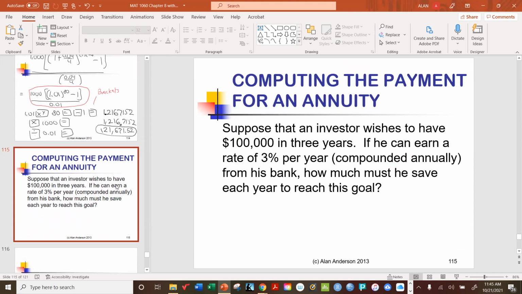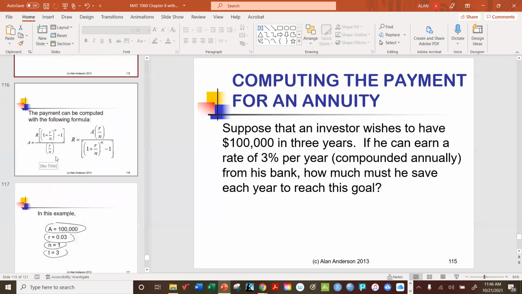Suppose an investor needs to have $100,000 in the bank in 3 years. He's able to earn 3% per year with annual compounding when he puts money in the bank. Now we're going to assume that he's going to put X dollars in his bank account every year for the next 3 years with the goal of reaching $100,000.